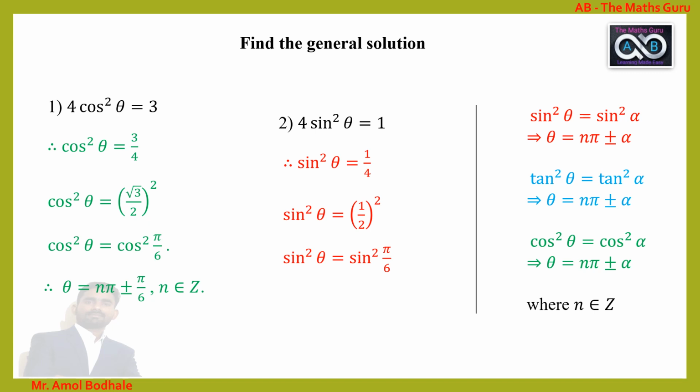Now this example is of the first result, sine square theta equal to sine square alpha. Therefore the solution is theta equal to n pi plus or minus alpha. So theta equal to n pi plus or minus pi by 6, where n belongs to z, is the solution.